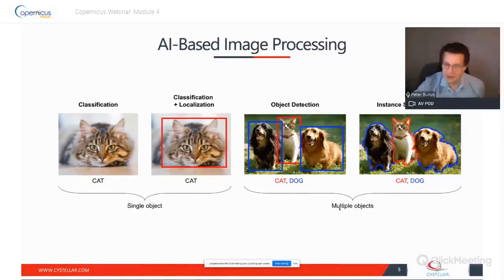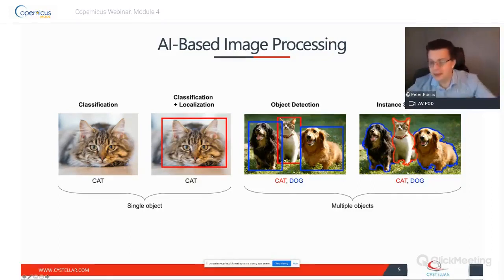If you present that image of a cat to the computer, we would like it to know that this is a cat and not a dog, and to recognize it automatically. Then, in certain cases, we want not only to classify it but also to localize it, to indicate exactly where in the picture the cat is shown, by showing a bounding box, as you can see in the second picture.